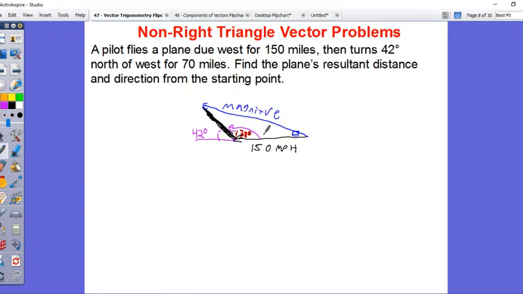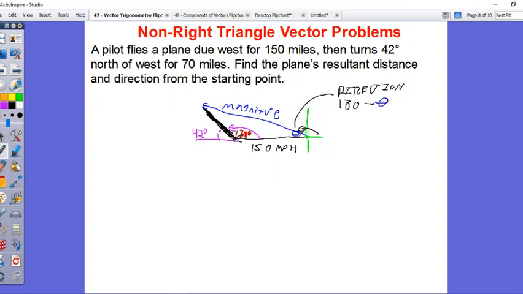And note right now, you can see that this angle is a quadrant 2 angle. So to find the actual value of the direction, if this value is theta, I'm going to say the direction is going to be 180 minus theta.